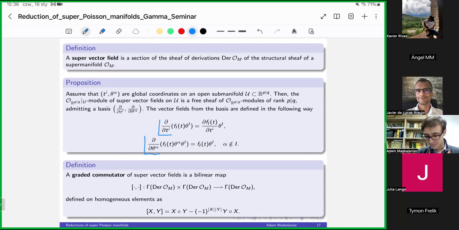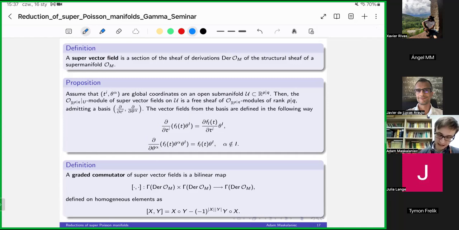In that setting, there were results where super vector fields weren't sections of a sheaf that was locally free, so they were not locally generated by such derivations. So it is now basically out of use.